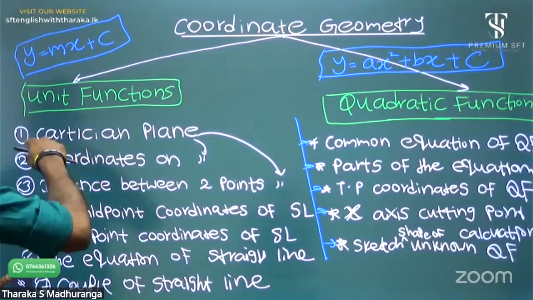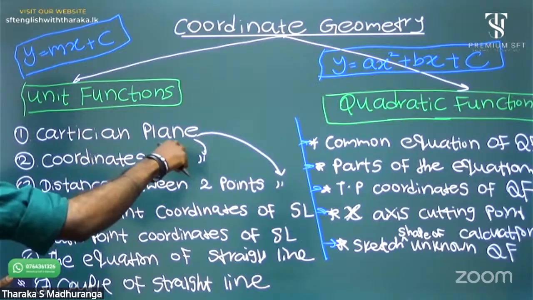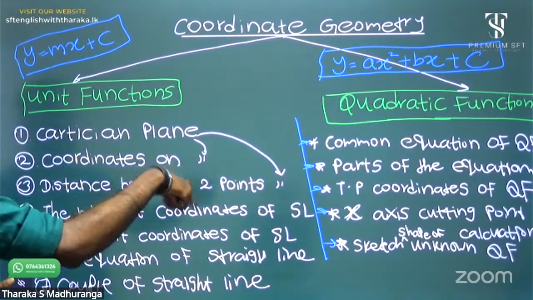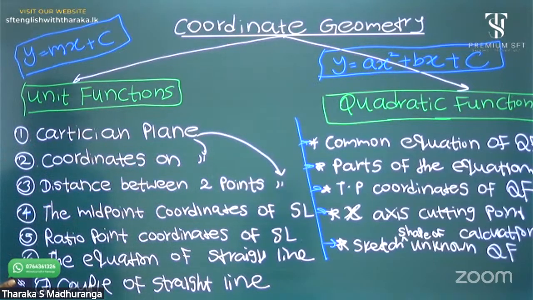Yeah, I'll read again. Cartesian plane, coordinates on Cartesian plane, distance between 2 points on the Cartesian plane, the midpoint coordinates of straight line, ratio point coordinates of straight line, the equation of straight line, and couple of straight lines.